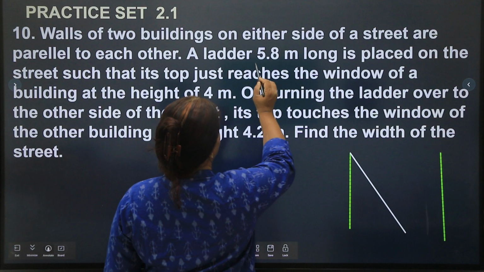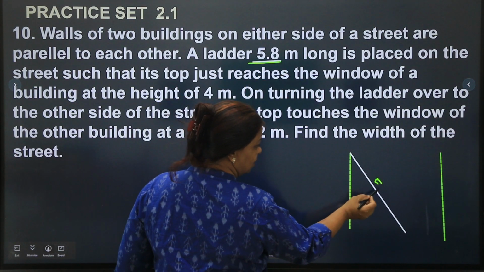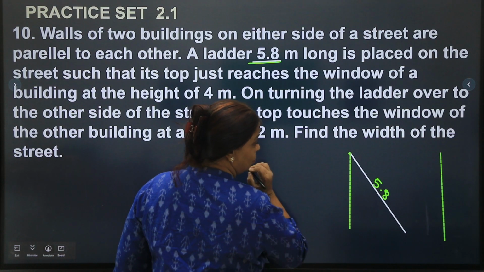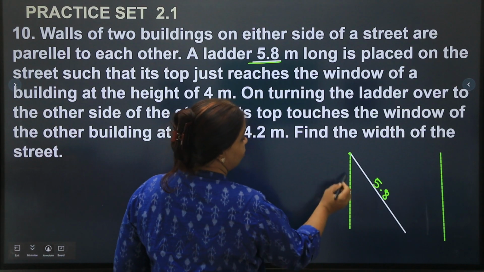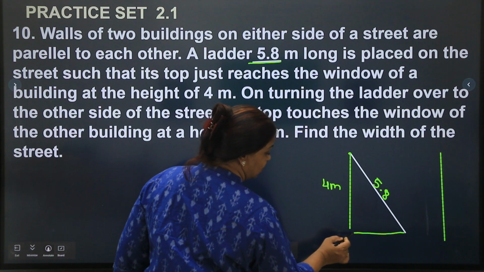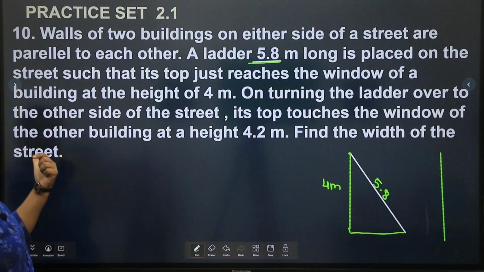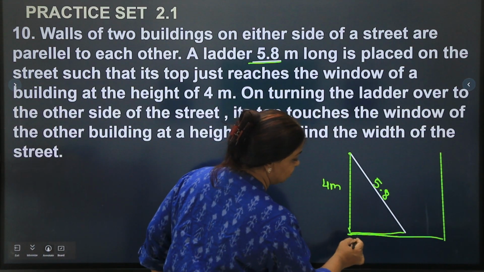Children, the ladder is 5.8 meter, and this 5.8 meter ladder will reach the top of the building's window, which is 4 meter. So find the width of the street. We want to find out the width of the street, this width.